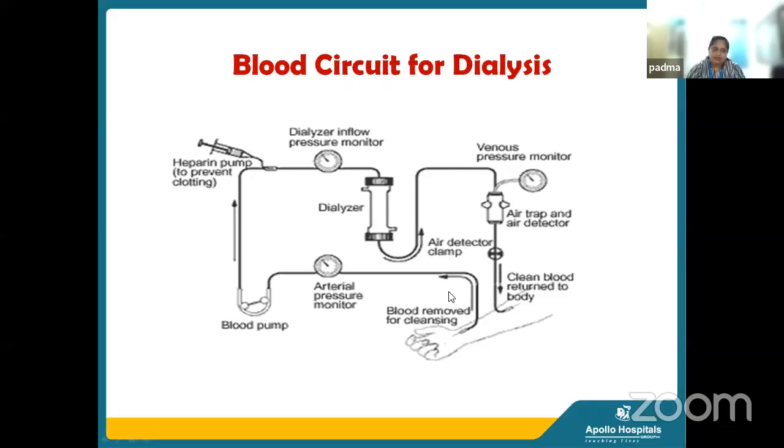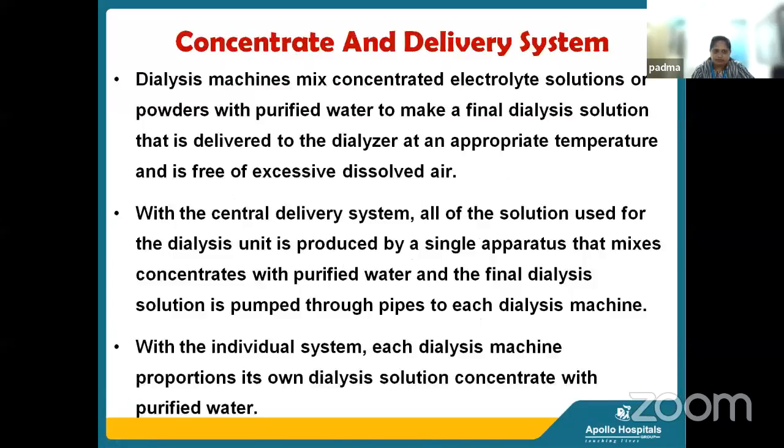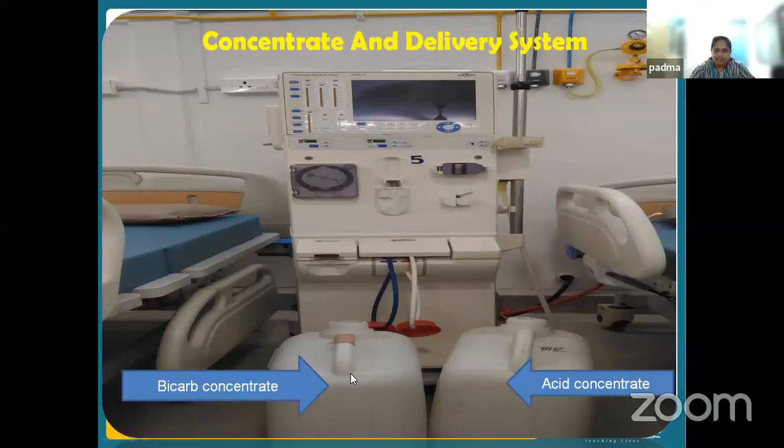So I want to tell you about the preparation of the dialysate fluid. Dialysate fluid concentration. So this is a 1:34 ratio. Acid and bicarbonate will be 1% and 34% of RO water. Here in the dialysis machine, we can see this is the bicarbonate concentrate and this is the acid concentrate, and these lines will be from the RO water.